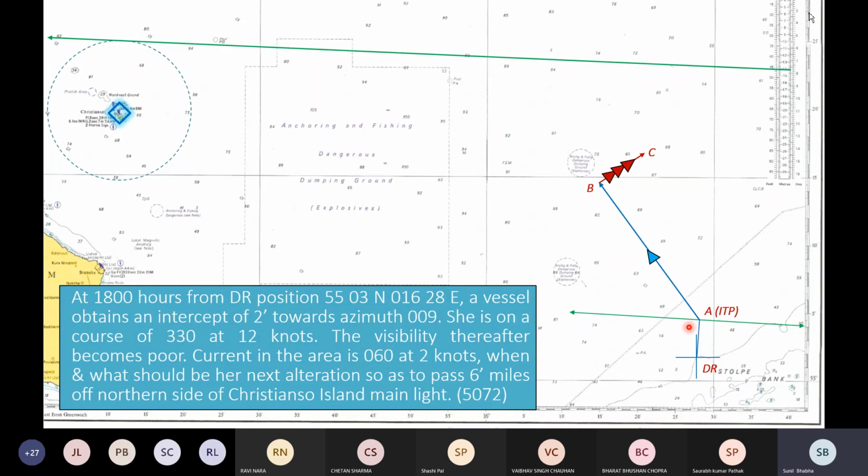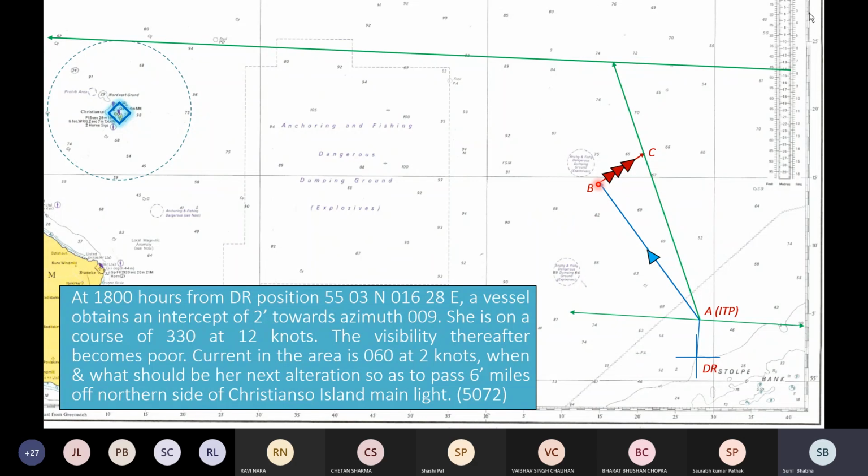Now let's complete the plot which we were initially doing. We can now complete this triangle Alpha Bravo Charlie, which is a 1 hour triangle on my first course. The first course which I was steering was 330. AB is my CTS vector.